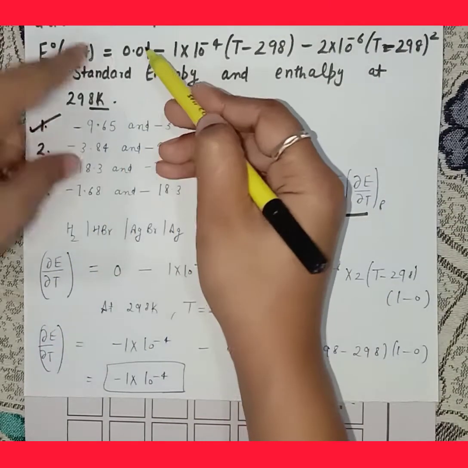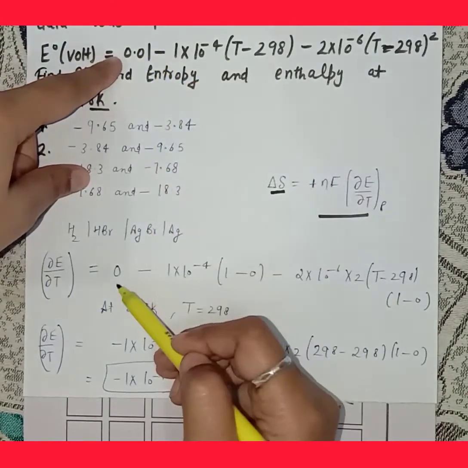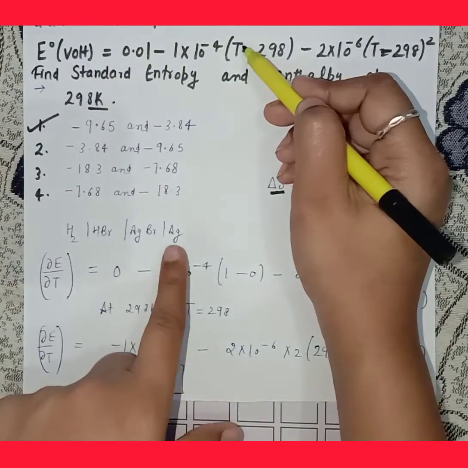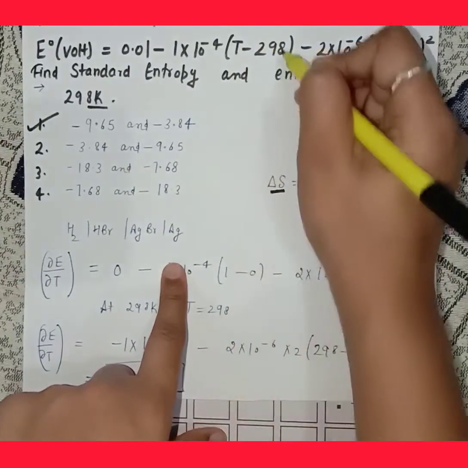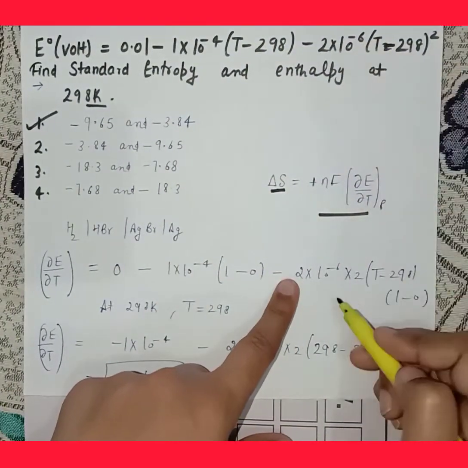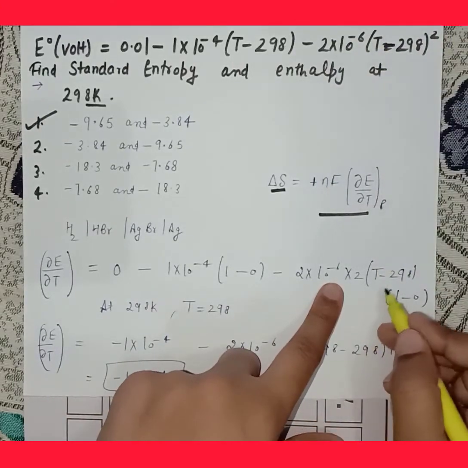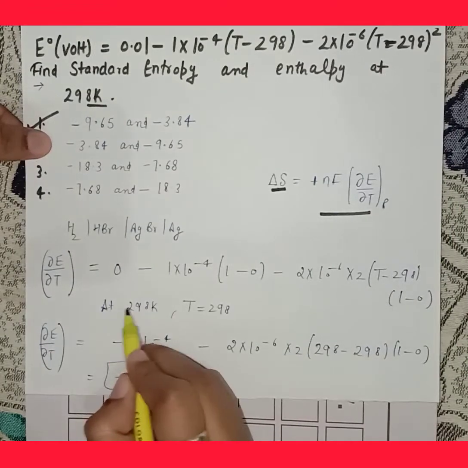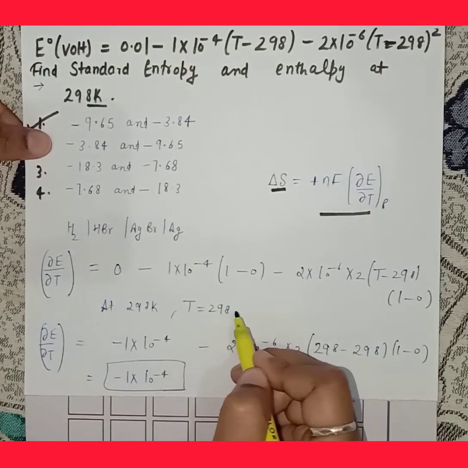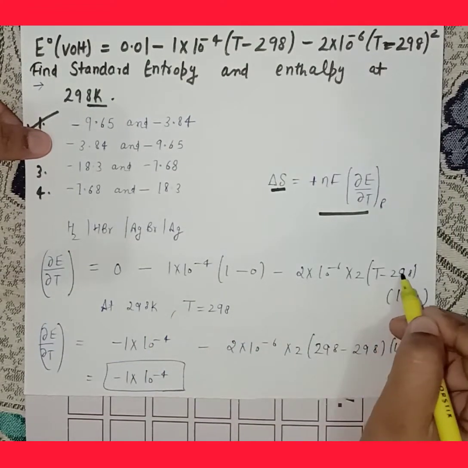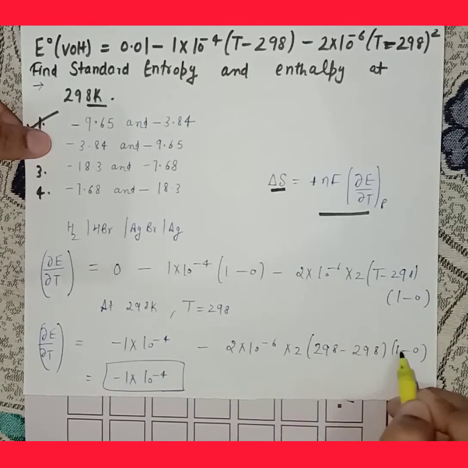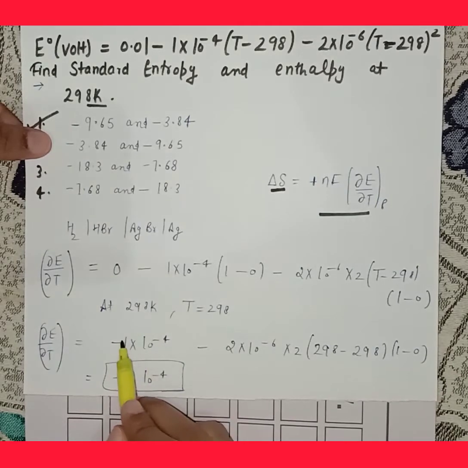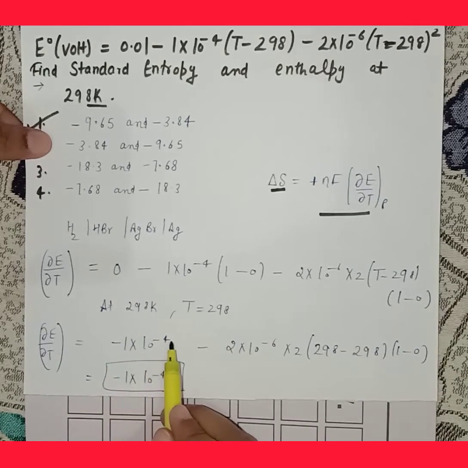If we differentiate the constant value, it is 0. After this, differentiating the T term gives its coefficient, and differentiating the T squared term gives 2T. So at 298 Kelvin, we put the temperature value 298 here, and the full equation becomes minus 1 into 10 to the power minus 4.